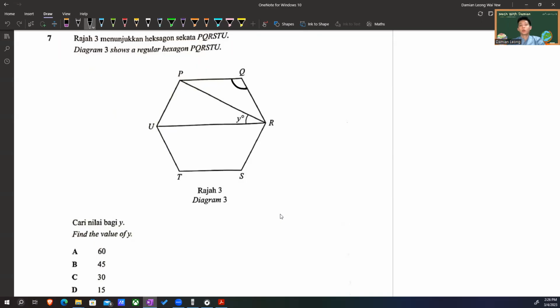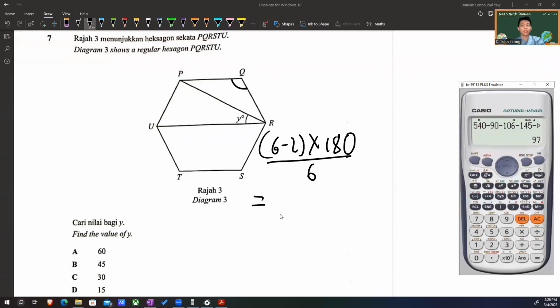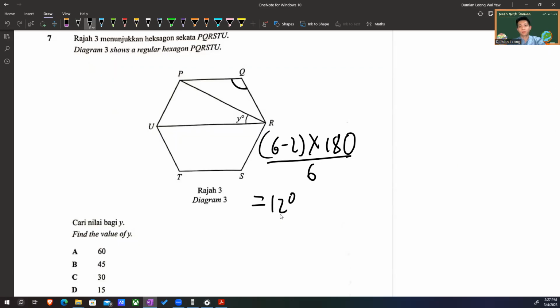So we take the total interior angle divided by the number of angles, which is the same as the number of sides. 6 minus 2 times 180, then divide by 6. So 4 times 180 divided by 6 is 120 degrees. Each of these is 120.